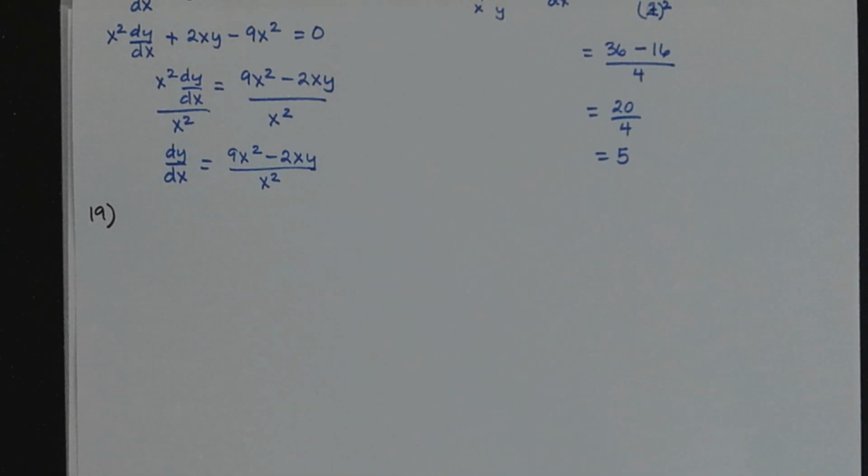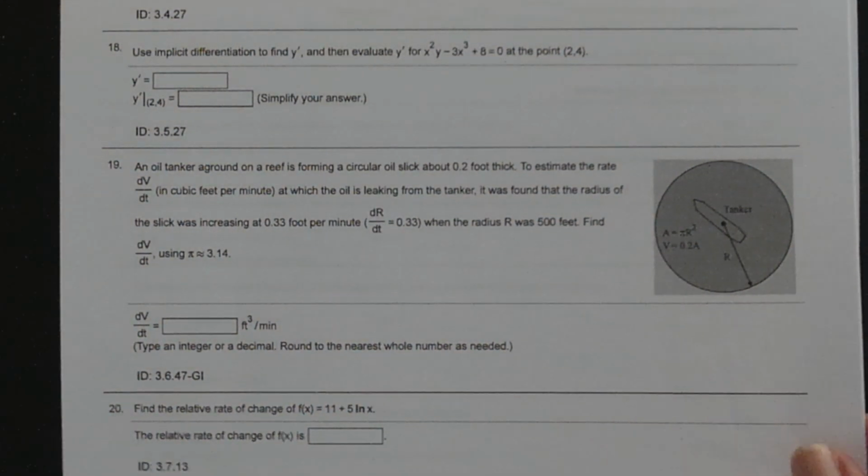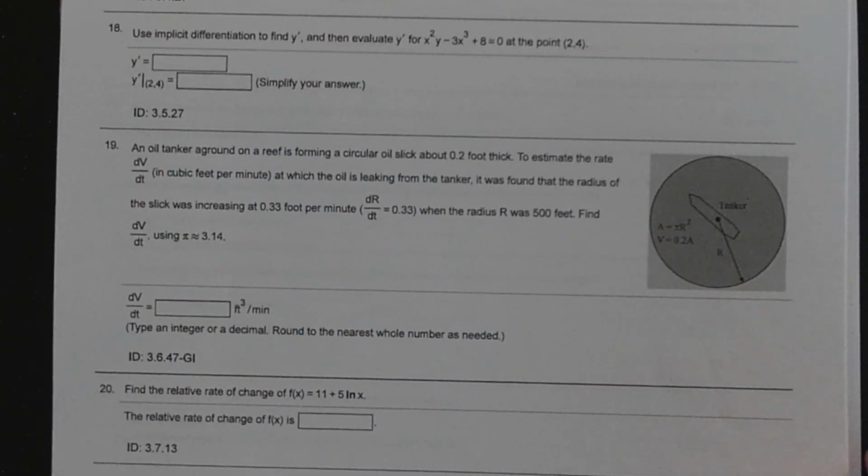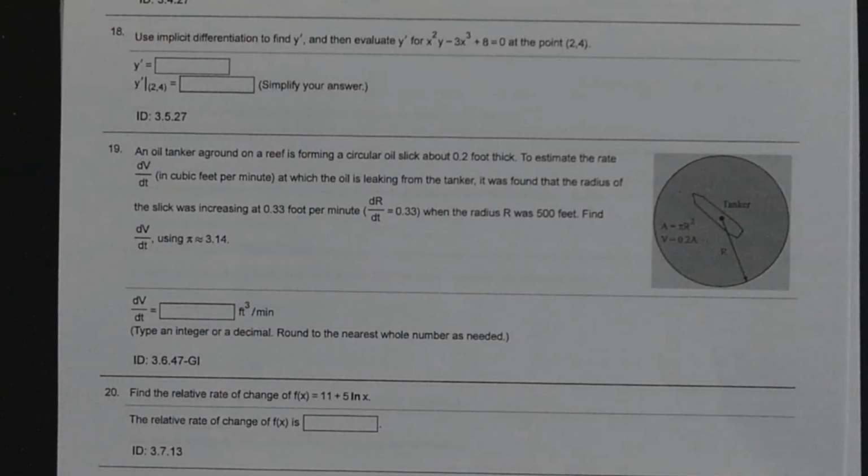All right, number 19 is a related rate problem. An oil tanker aground on a reef is forming a circular oil slick about 0.2 foot thick.